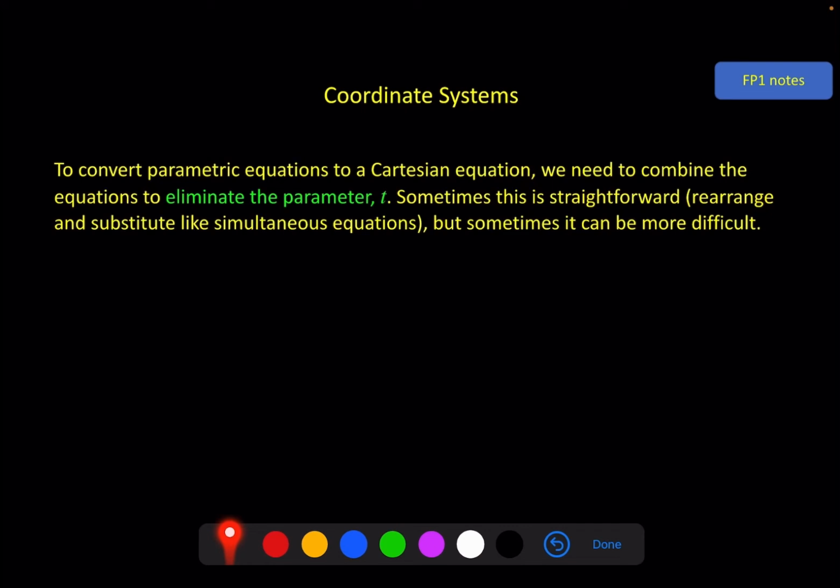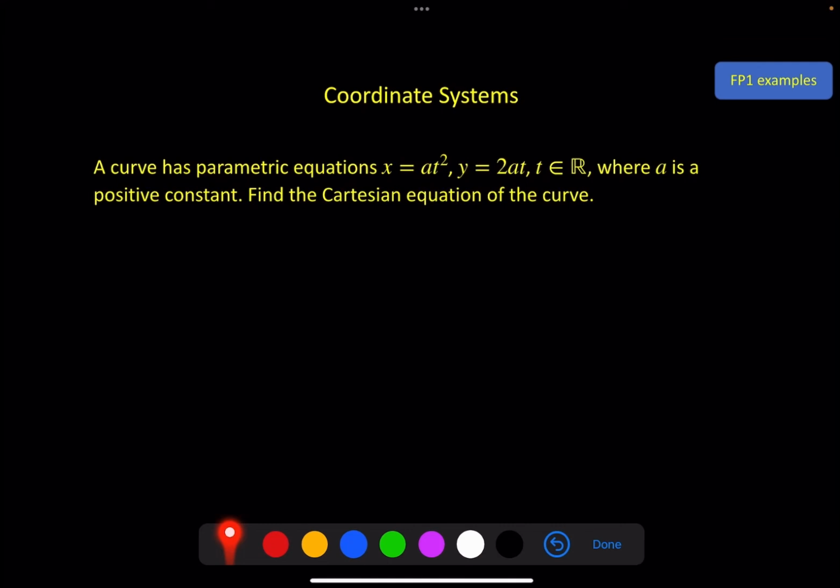So we'll keep with the same parametric equations because of the type of curve that this is. It comes back later in the chapter. So we still have x equals at squared, y equals 2at, and the sketch that we had from the previous example is a sketch of this curve. t is still a real number, a is still a positive constant, and we need to find the Cartesian equation of the curve.